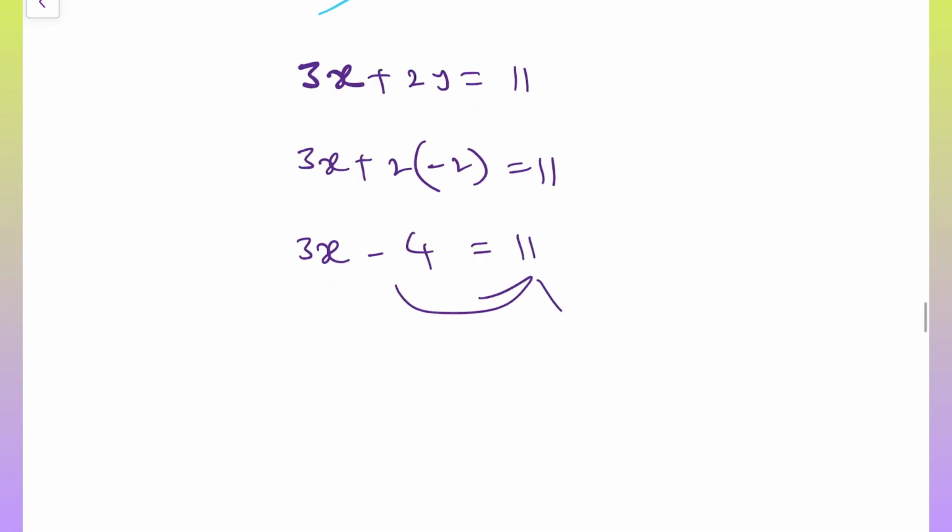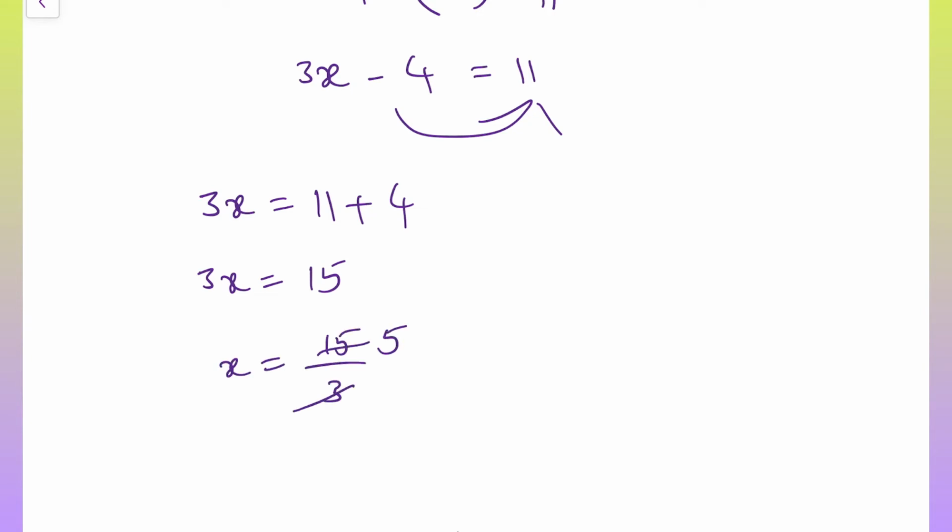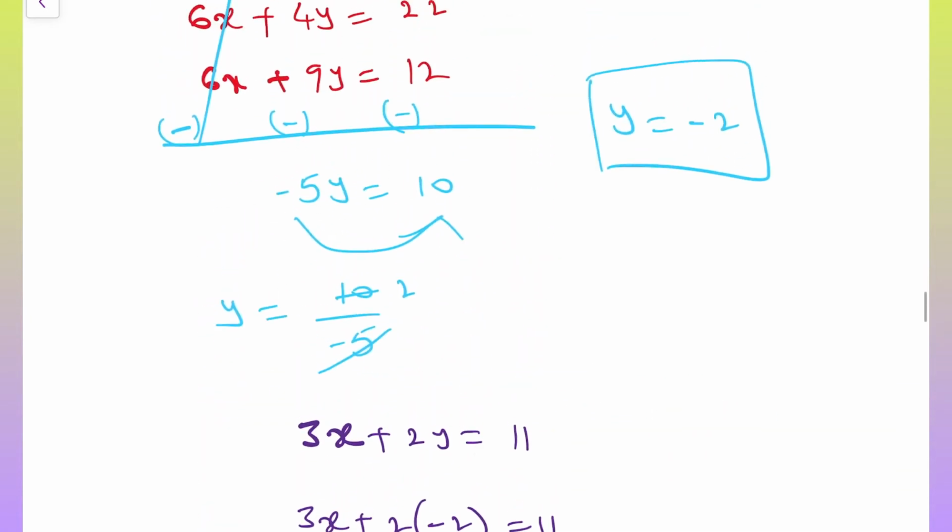Taking minus 4 to the right side, it will become plus 4. 3x equals 11 plus 4, 15. Then x equals 15 by 3. 3 5s are 15, so the x value we got is 5. X value 5 and y value is minus 2.